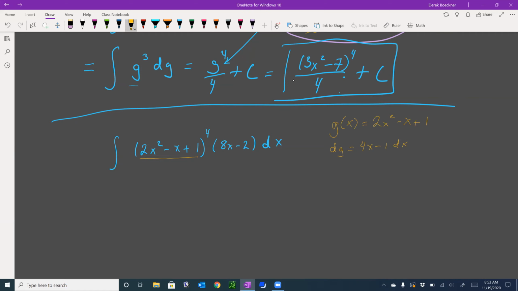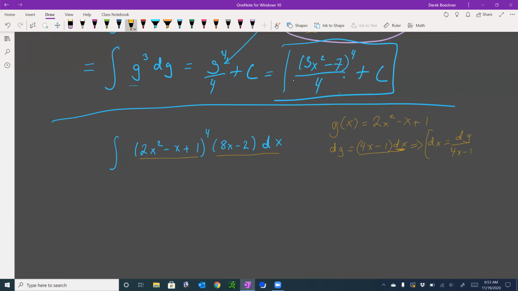Okay. I don't have 4x minus 1 dx exactly over here. I've got twice that. But let's do something here. I'm going to solve for dx to get dx by itself. This tells me that dx is equal to dg over 4x minus 1.